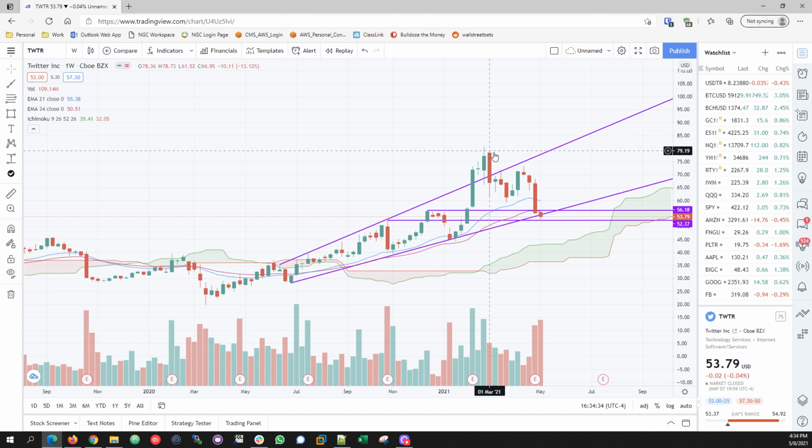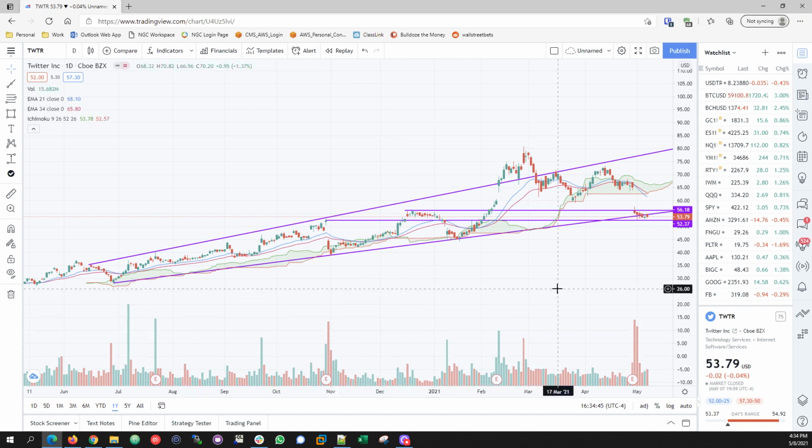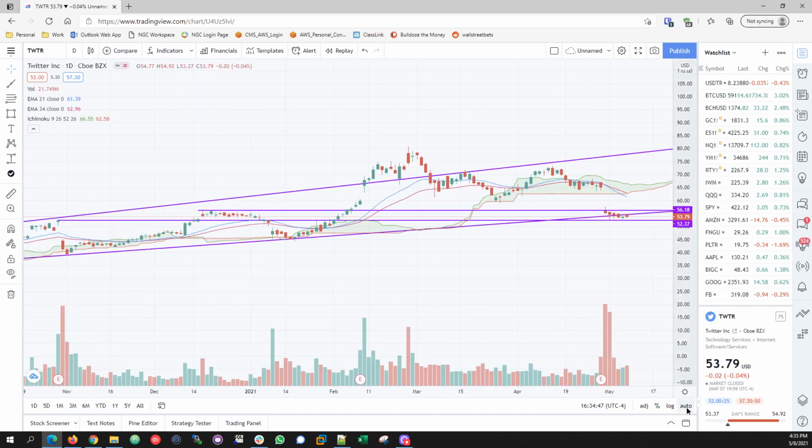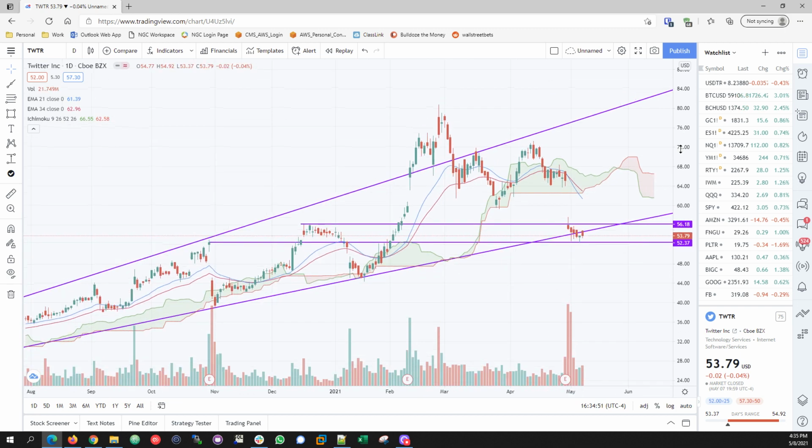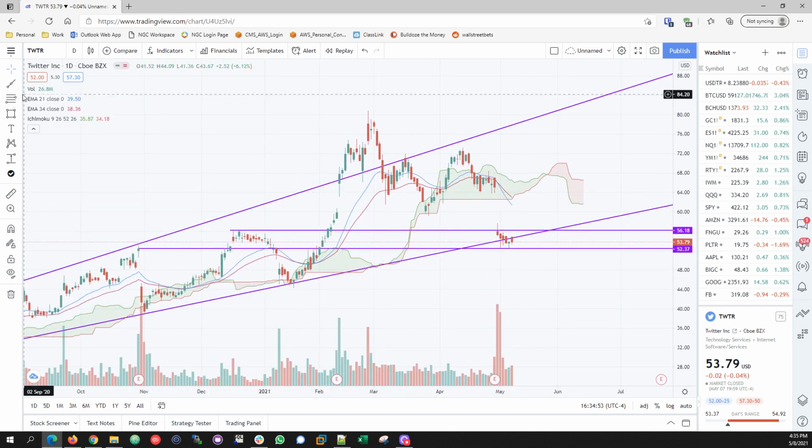Now it's going down, and it might very well go down to 45 again, or retest the cloud top on the weekly. We don't know. So at this point, I can't really tell you to jump in on Twitter because it's a value or a discount. Why? Because I'm looking at the long term and I'm saying it's not a discount.